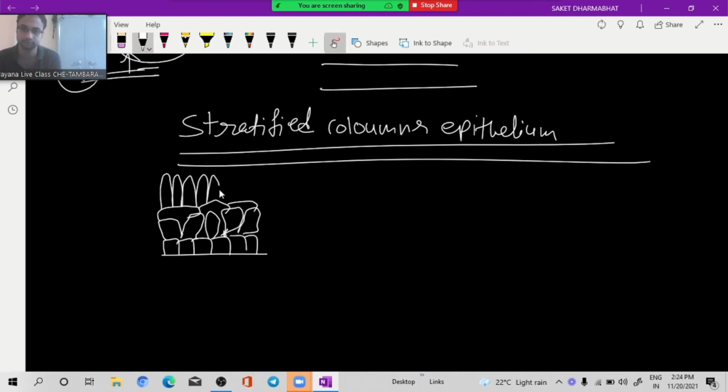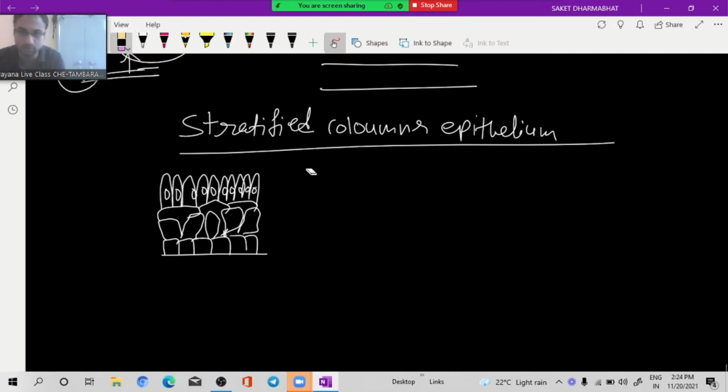Column shape. So this is stratified columnar epithelium. In this stratified columnar epithelium, suppose cilia are coming out, then it will be called as what?